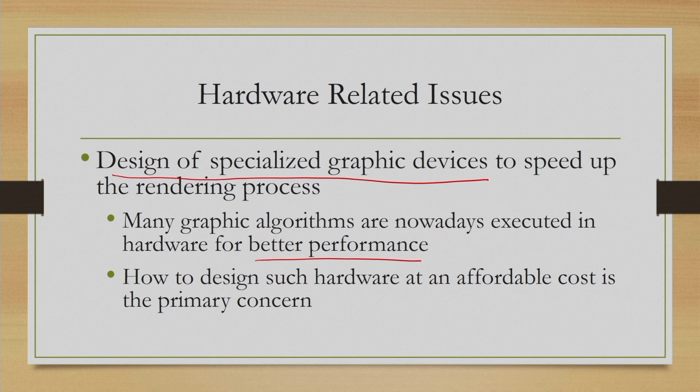Now, the issue is how to design such hardware at an affordable cost, and that is of primary concern related to hardware platforms for computer graphics. So, from the point of view of hardware, we have this quality of the hardware as well as cost trade off to keep in mind. Also, we have to keep in mind the type of input device we are using as well as the dedicated graphic systems that we can afford.